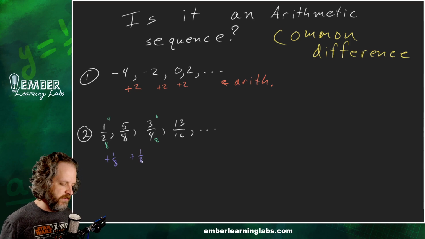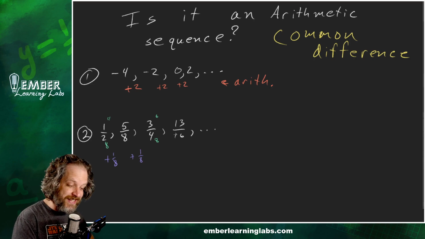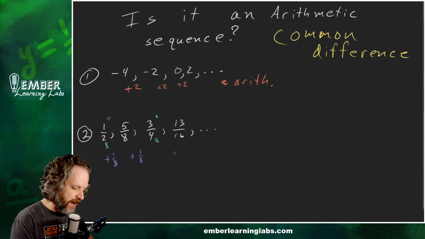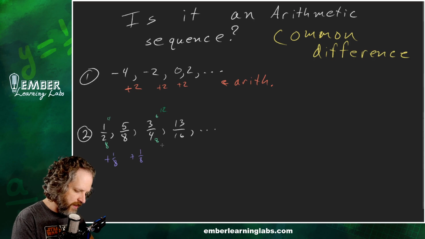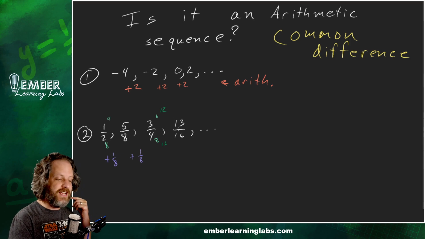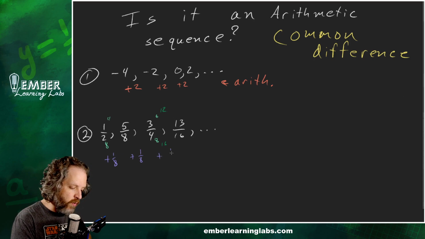That's also possible. So to get from 3/4 to 13/16, we got to convert this to sixteenths. So we multiply these times 2. That would be 12/16. So to go from 12/16 to 13/16, we're actually adding 1/16.